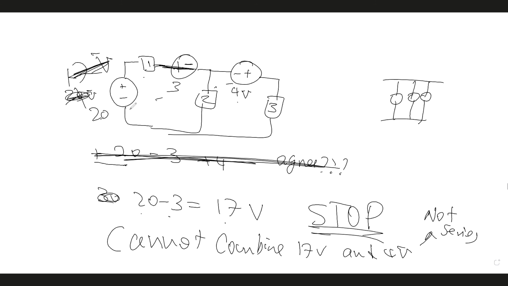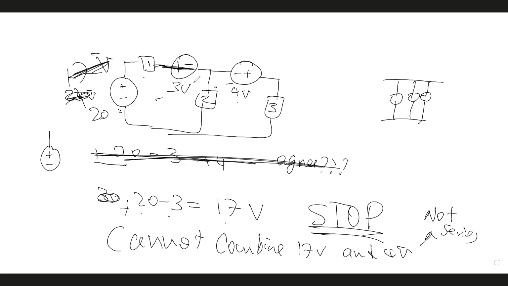If you start from here, you choose the source, unless the problem tells you to start with the 20 volt. If the problem doesn't say anything, you have the option. If you start here, this is your reference, so at the end, it's going to be your location and your polarity. What I'm trying to ask is why did you subtract?